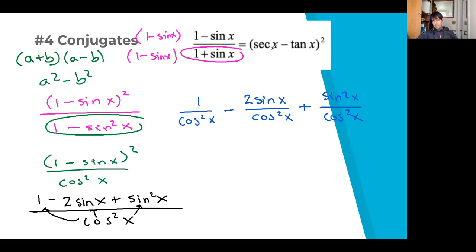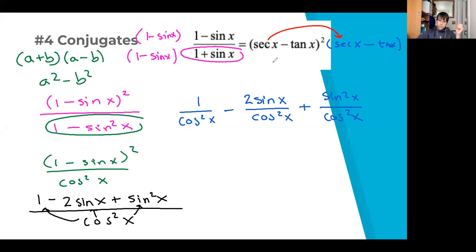Because when I multiply this out, I should end up getting secant squared x. I'm just going to quickly multiply this out and see if I can figure out what's going on. This is the idea of knowing where I need to get to, to see if I can make it work.